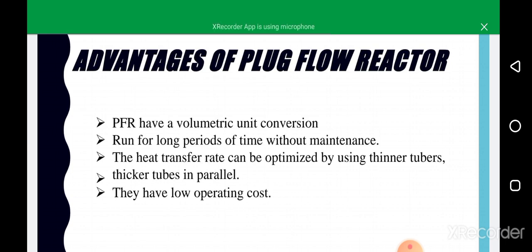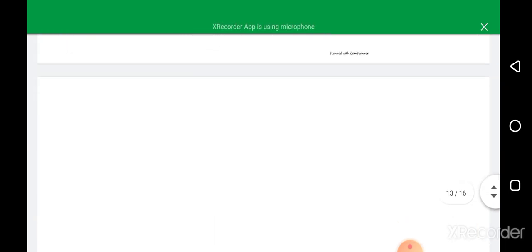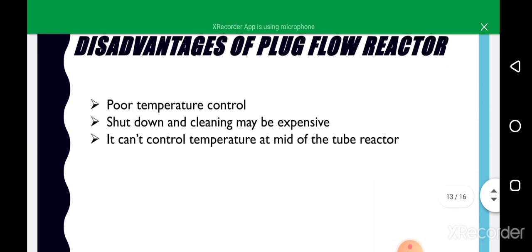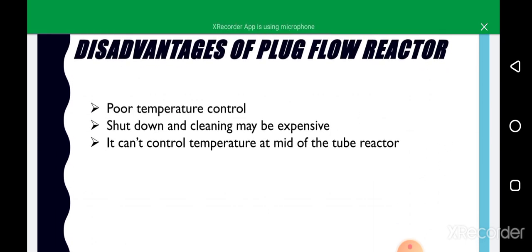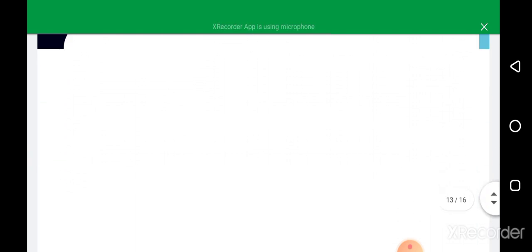They have low operating cost. The disadvantages of the plug flow reactor: it has poor temperature control, and its shutdown and cleaning may be expensive. It cannot control temperature in the middle of the tube reactor.